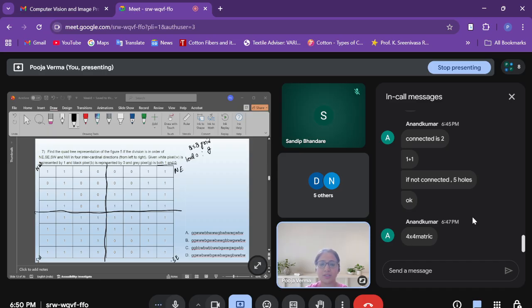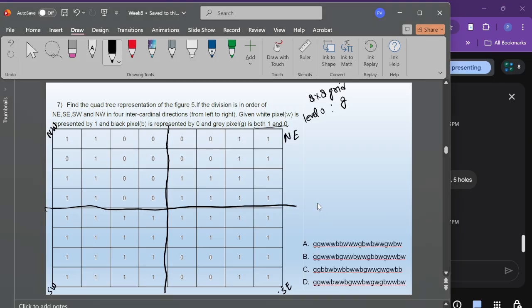Then what does it represent? Okay, so anyone interested? So now let's say it is level 1. What we have done in level 1 is just convert the 8 cross 8 grid into 4 cross 4 grids, just divide it.